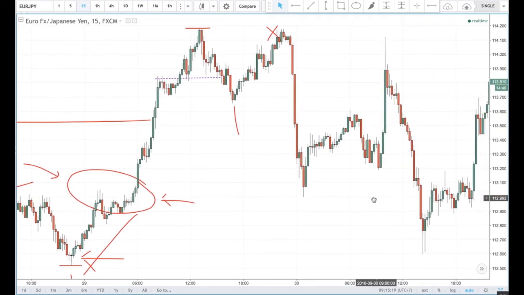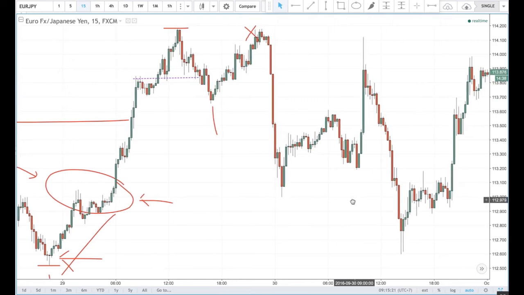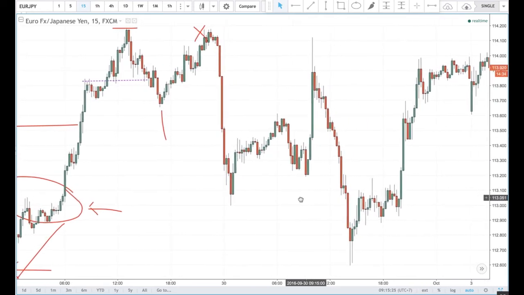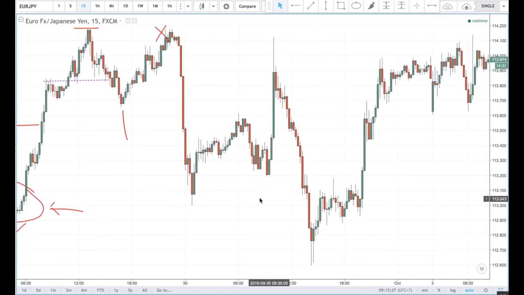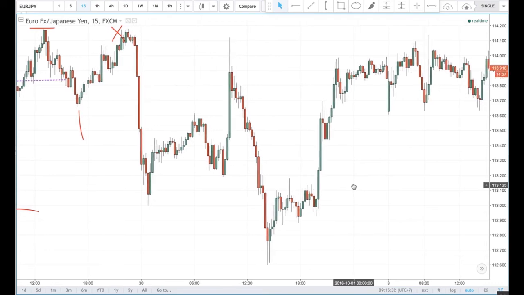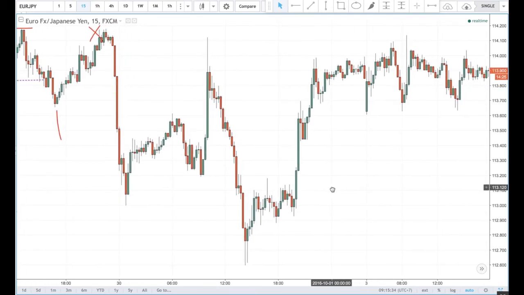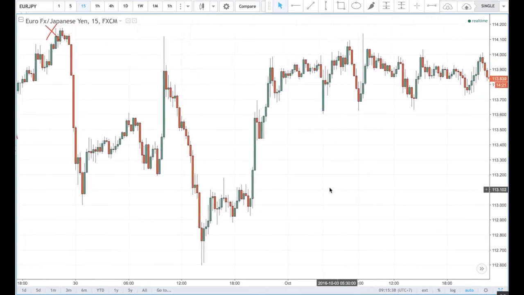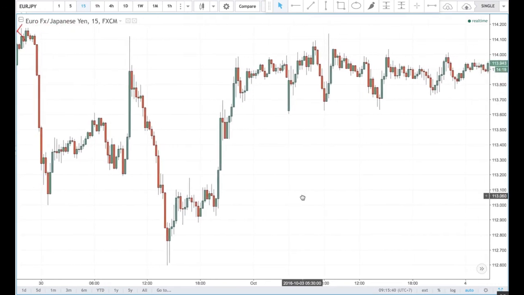It could possibly turn into a range because we're reattempting to hit the highs again. Still in buyer's territory. Notice how we're turning into a range here, but it's all buy biased. The bias is for a long. It's not for a short.